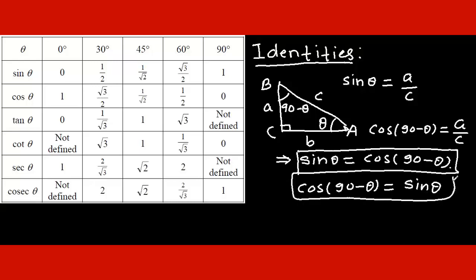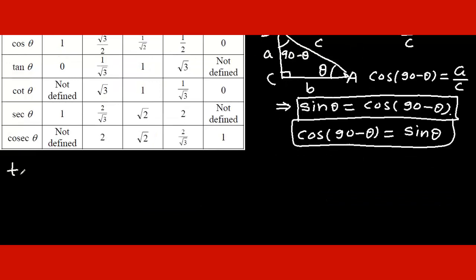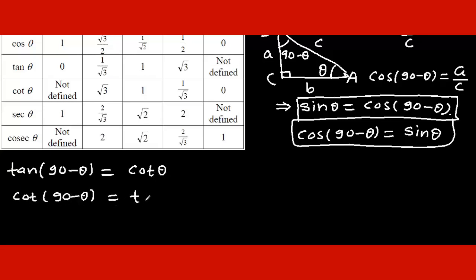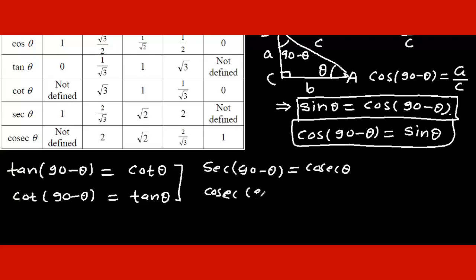Okay. Now we can write tan 90 minus theta is equal to cot theta. Cot 90 minus theta is equal to tan theta. Okay. Similarly, we can write sec 90 minus theta is equal to cosec theta, and cosec 90 minus theta is equal to sec theta.